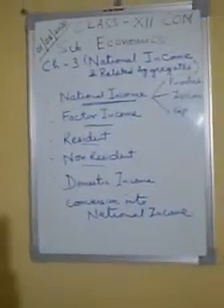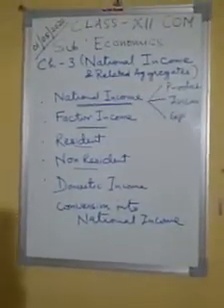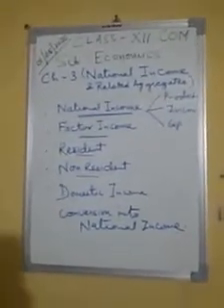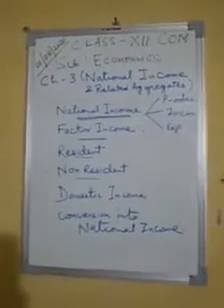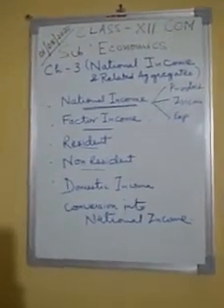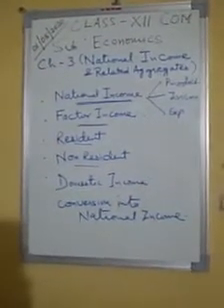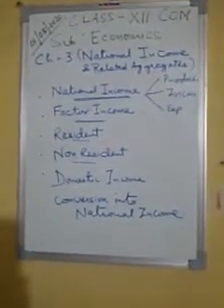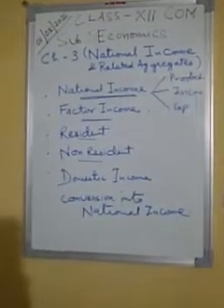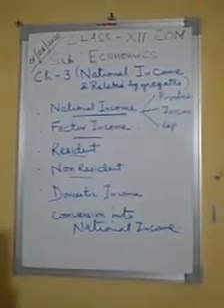So now the next topic is factor income. Factor income or factor payments can be broadly classified into 4 heads. First is compensation of employees, received by the household for rendering their services as employees of the producing units. Second, rent, which is received by the household for the use of their land by the producing units.